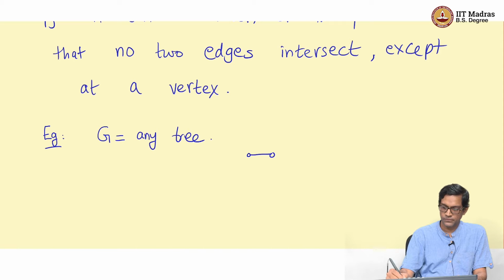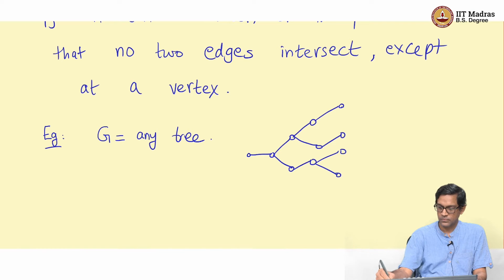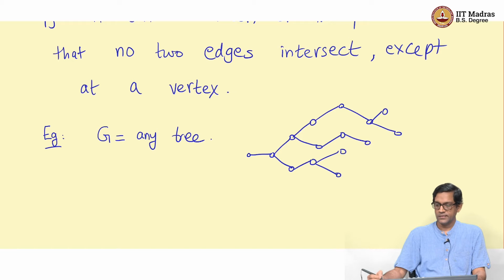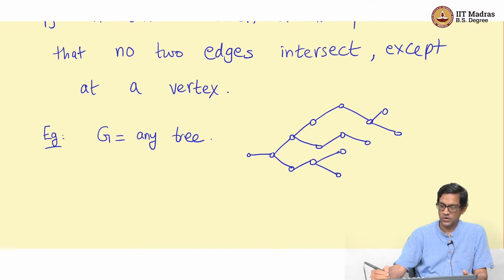For example, no matter how large the tree is and no matter how many vertices it has, you can always draw the tree on the plane in such a way that no two of the edges intersect. Okay, now this is an example of a planar graph.